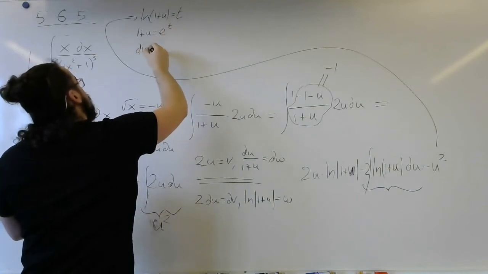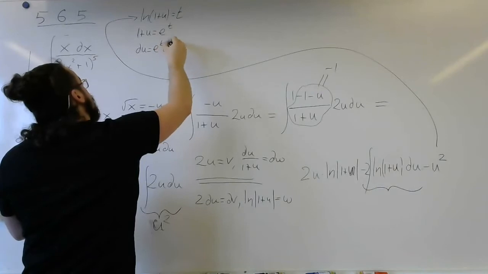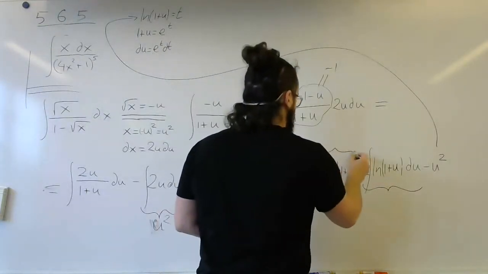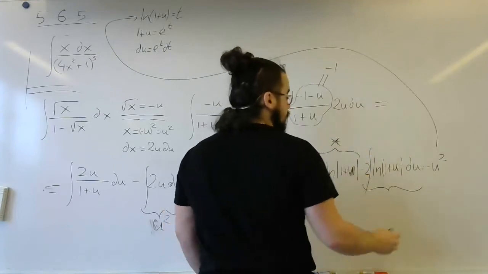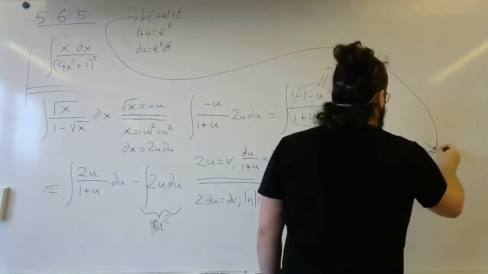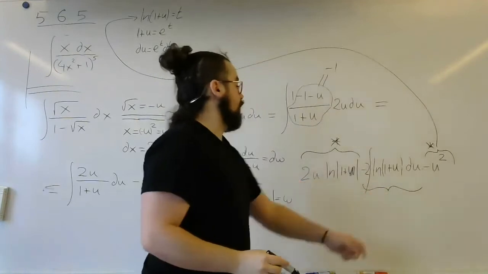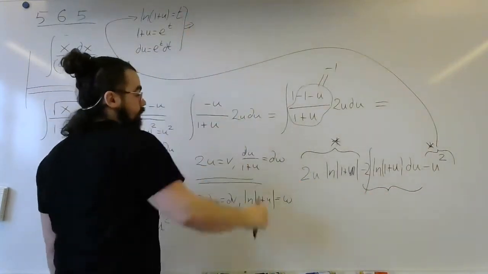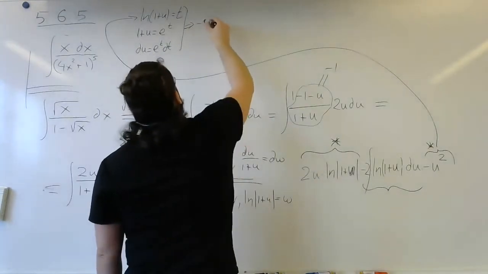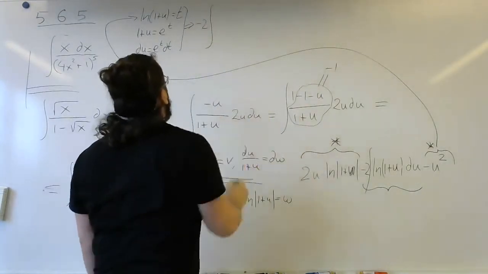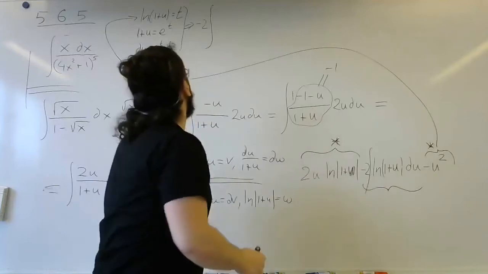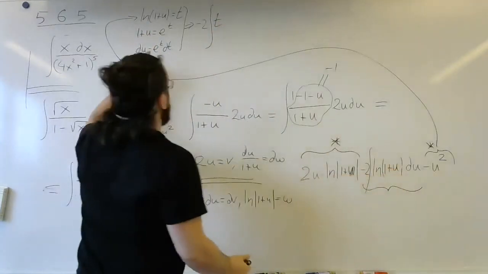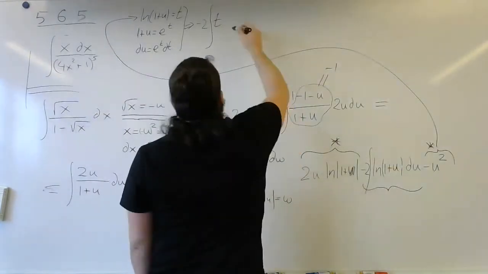And so differential of u is e in power t dt. So this thing, I'm going to save it. And this thing, I'm going to save it. And write this integral down. And we have minus 2 times the integral of t e^t differential of t.